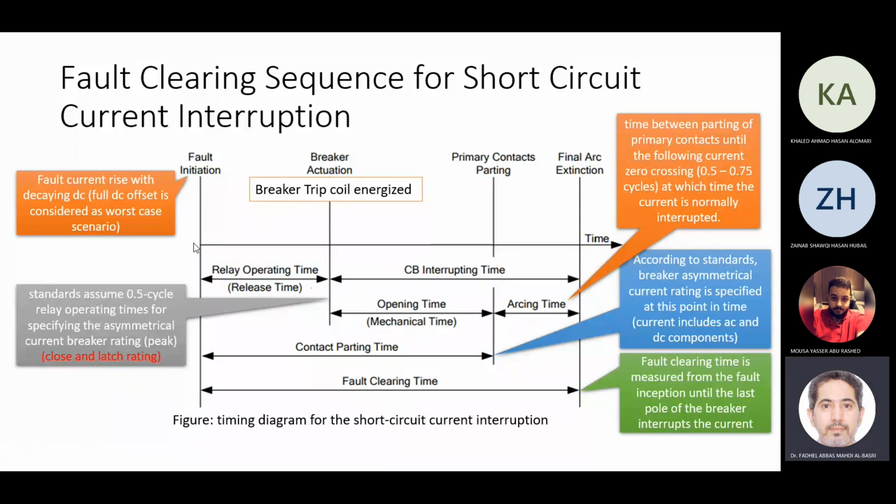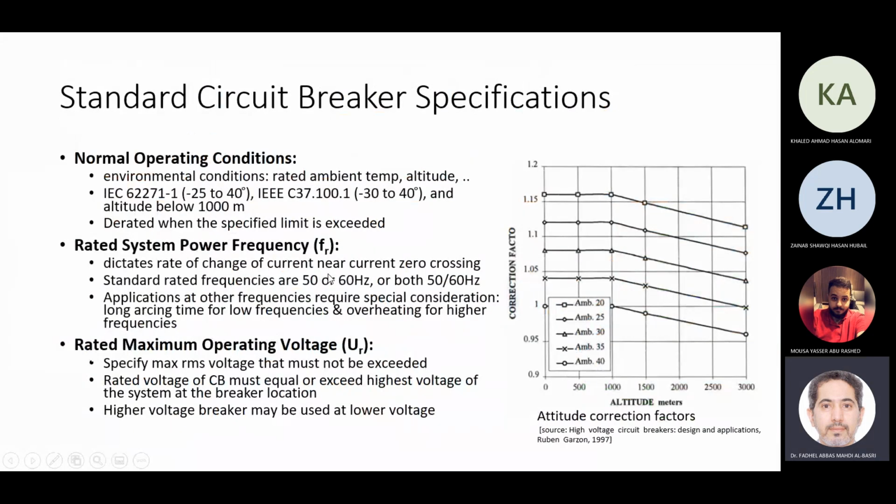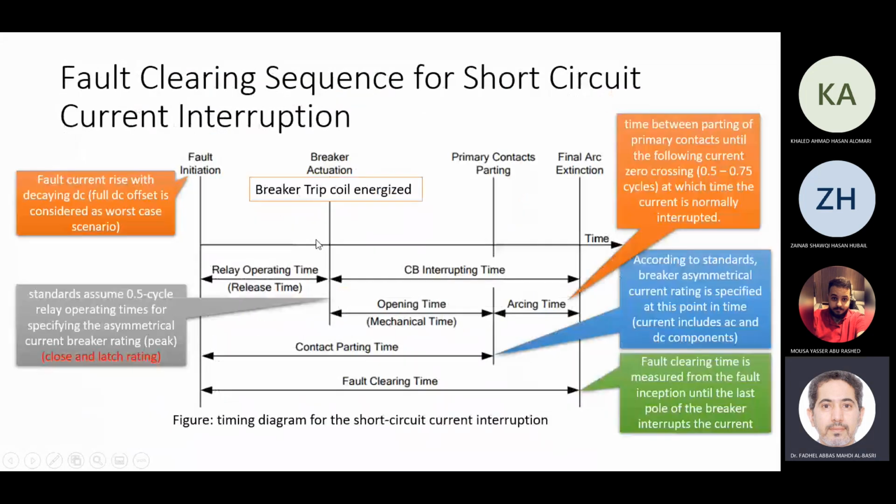Okay. So after half a cycle, the relay now, the circuit breaker trip coil is energized. Now it has received the command from a relay and it gets energized to trip its contacts.